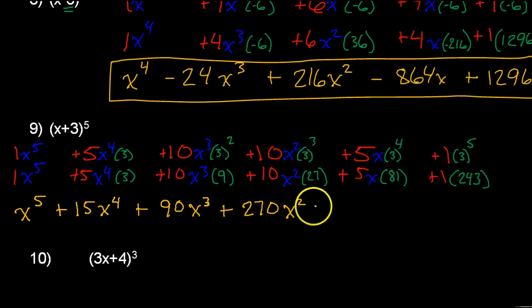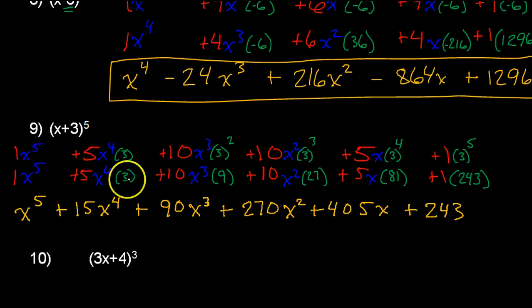Okay, it's 405. And then 243. So this should be the expanded form for x plus 3 to the 5th power.